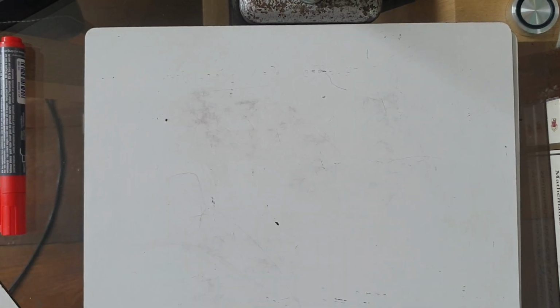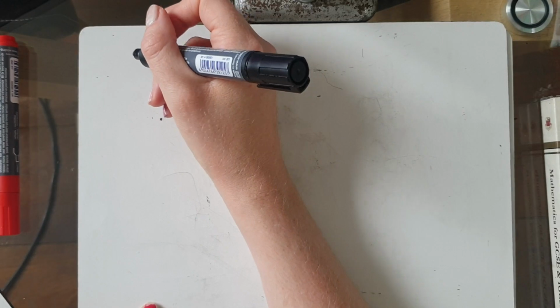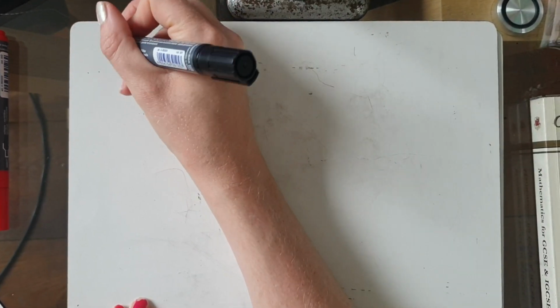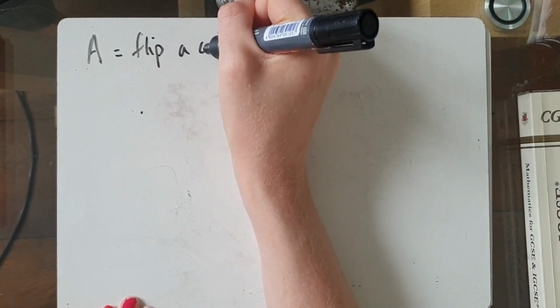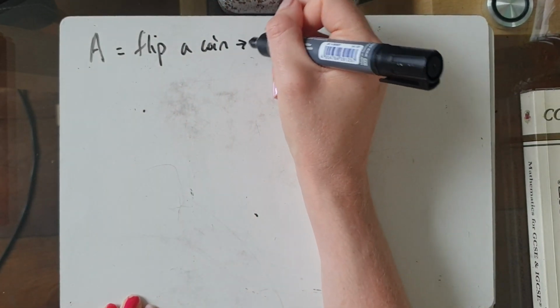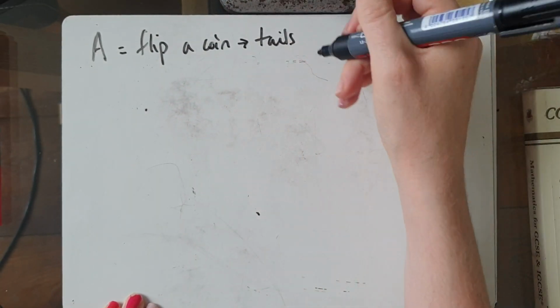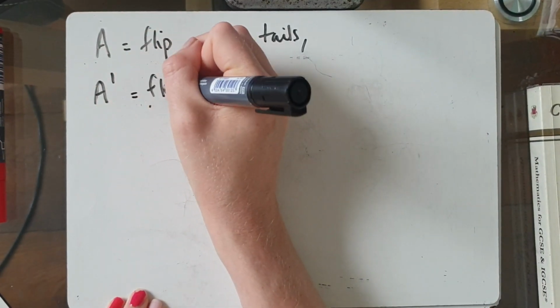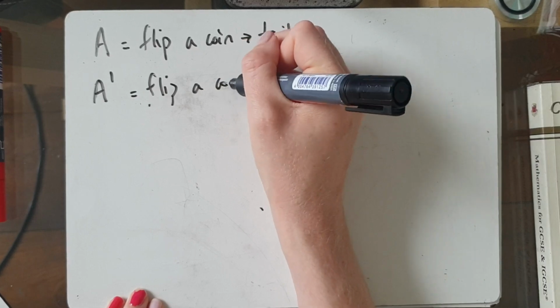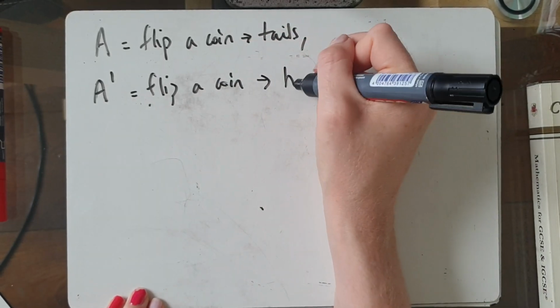The other bit of notation we can write is not A. So if A is flip a coin and get tails, not A would be flip a coin and get heads.